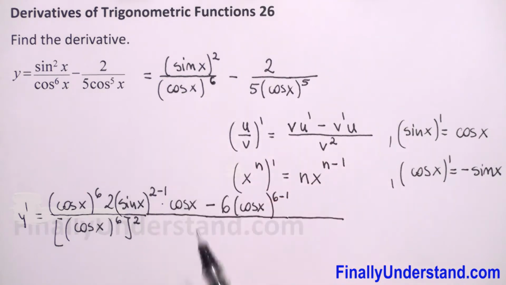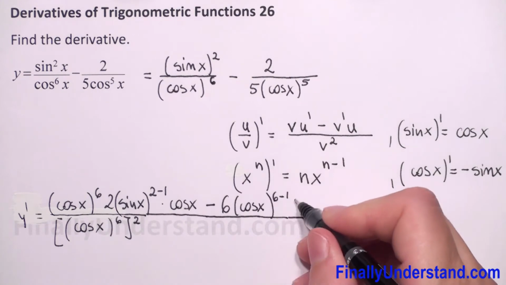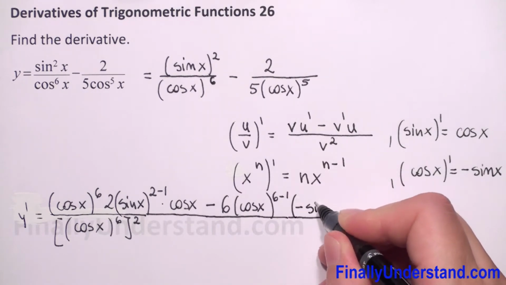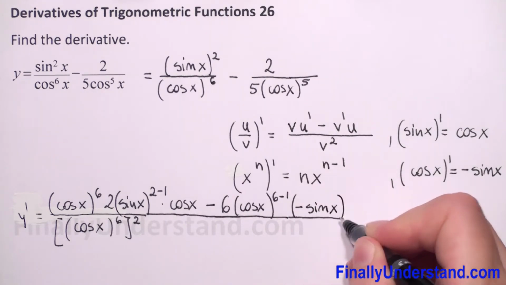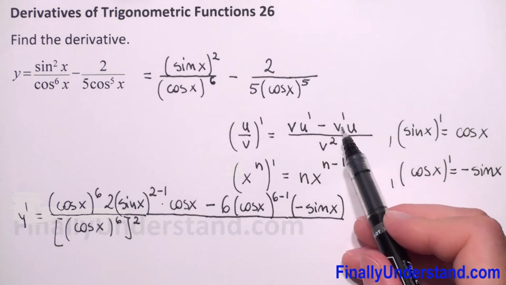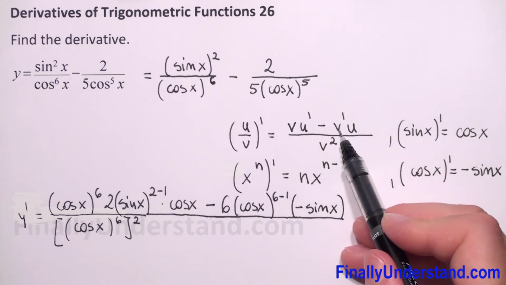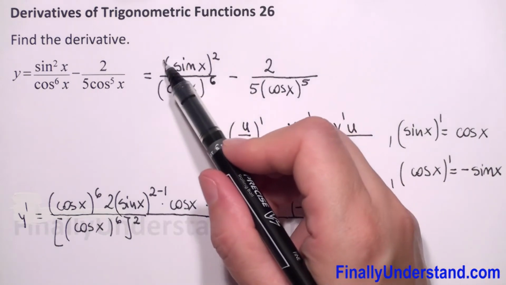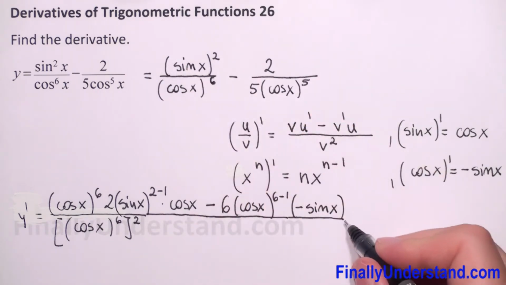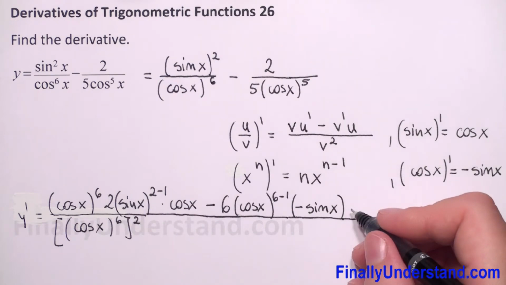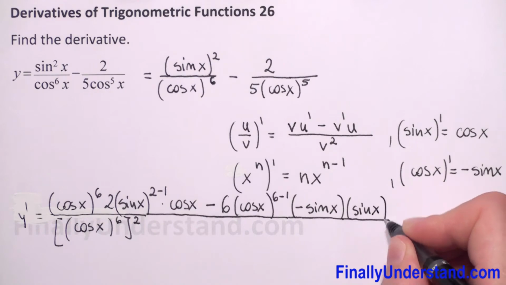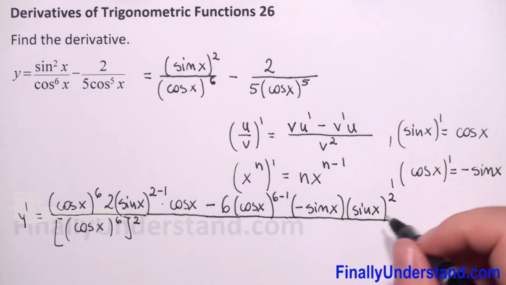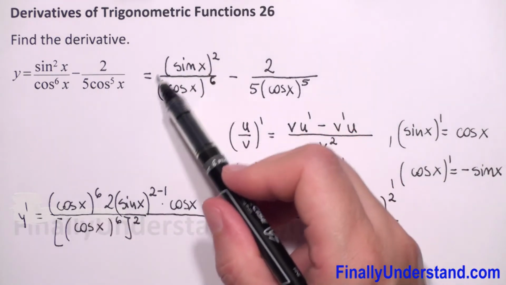The derivative of cosine is negative sine, so we have times negative sine of x. So now we have the derivative of our v function times u. U is our numerator, so we have times sine of x to the second power. This is the derivative of our first expression.